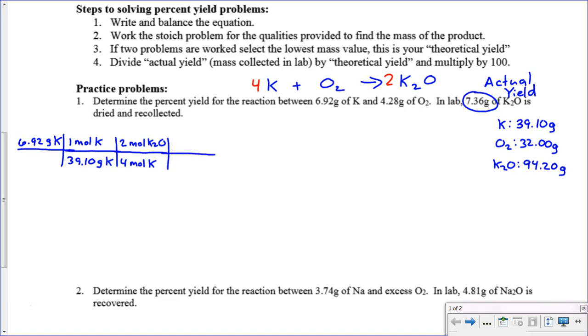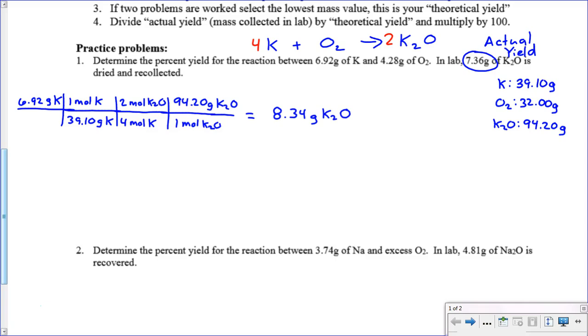Then I need to get out of moles of K2O and into mass of K2O, so using the molar mass, for every 1 mole of K2O I have 94.20 grams of K2O. Going through and doing that problem, I get 8.34 grams of K2O, rounded to the appropriate number of sig figs.